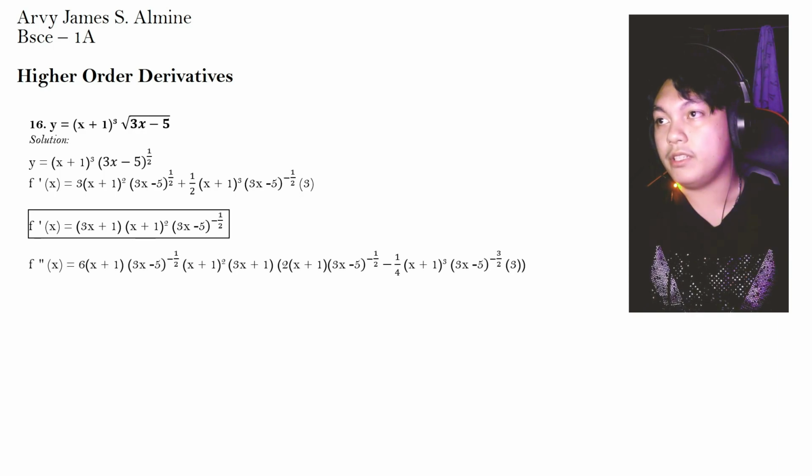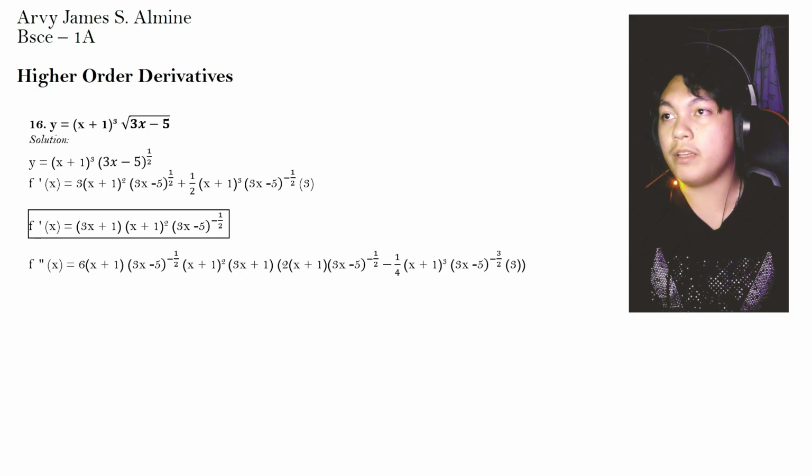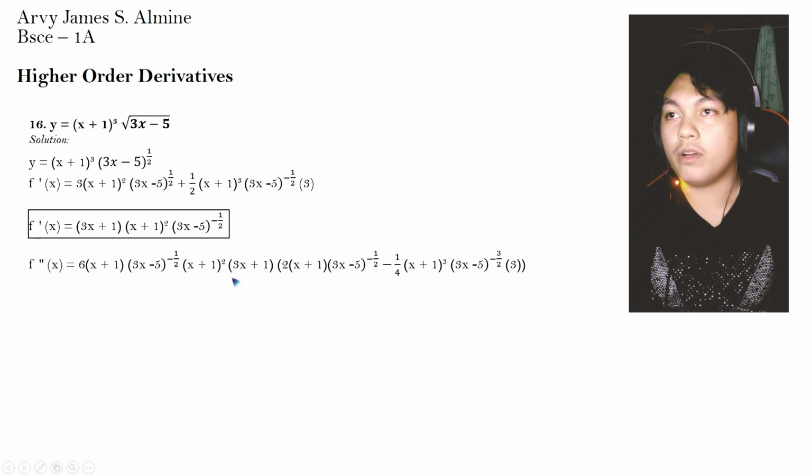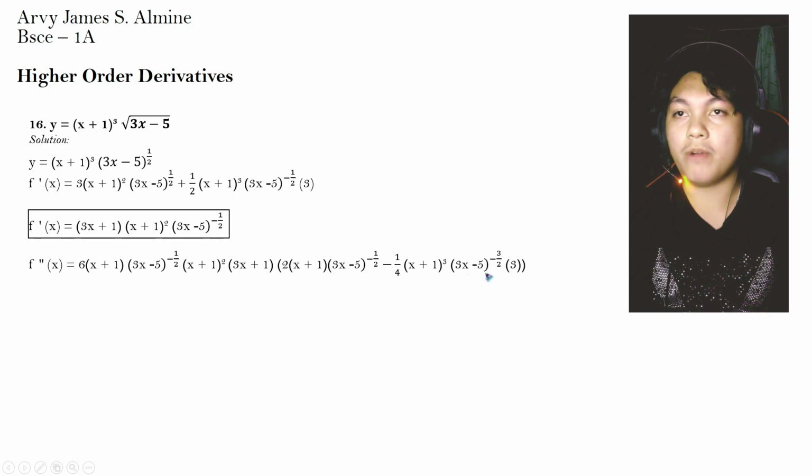So we have 6 times x plus 1 times 3x minus 5 to the power of negative 1/2 times x plus 1 squared times 3x plus 1 times 2 times x plus 1 times 3x minus 5 to the power of 1/2 minus 1/4 times x plus 1 cubed times 3x minus 5 to the power of 3/2 times 3.